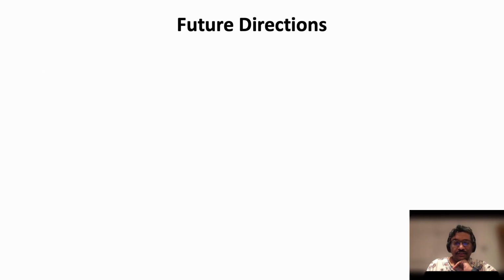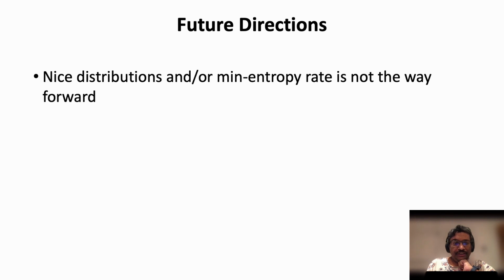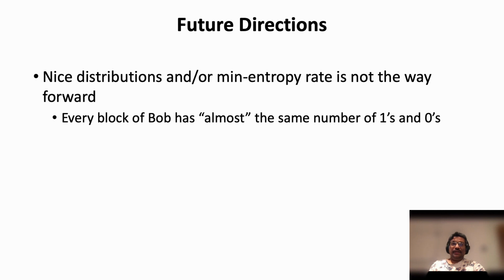I'd like to conclude the talk with a few future directions. So our results essentially show that nice distributions and min entropy rate, simple information, is not the way forward if you want to improve gadget size using the existing simulation framework. In the counterexample that we construct, it has this very peculiar structure that a few blocks of Bob's inputs have only zeros or only ones.